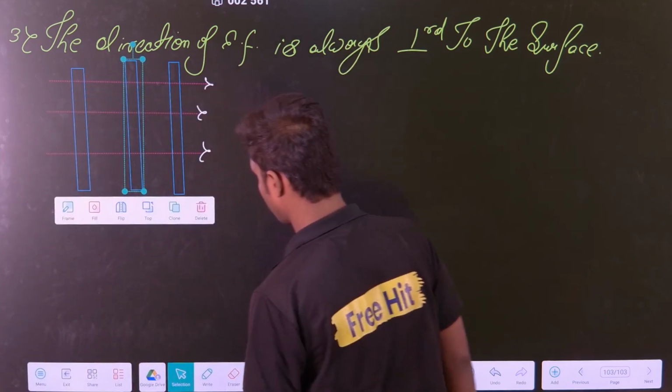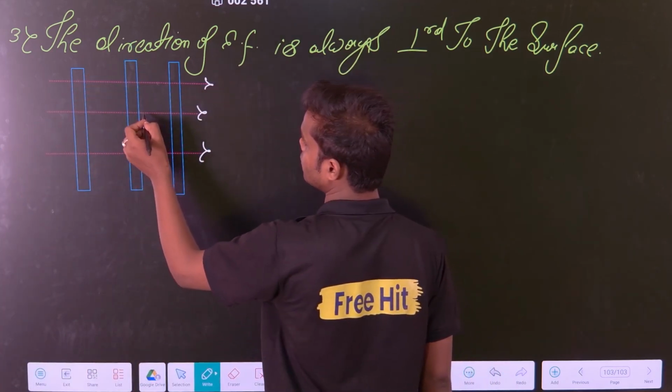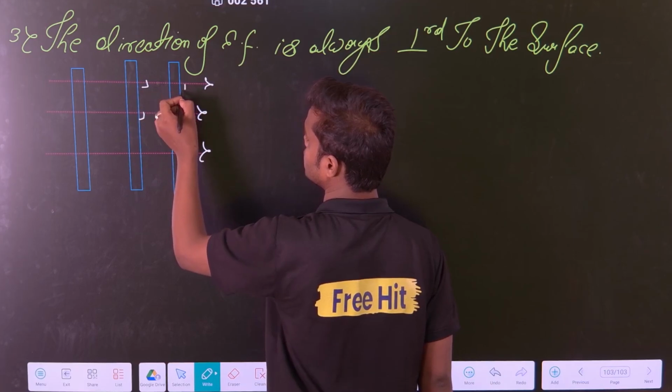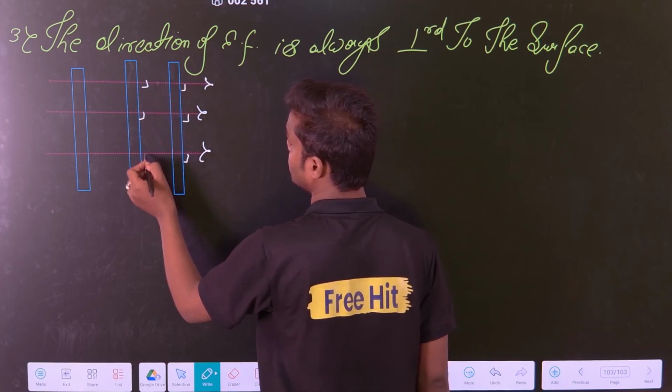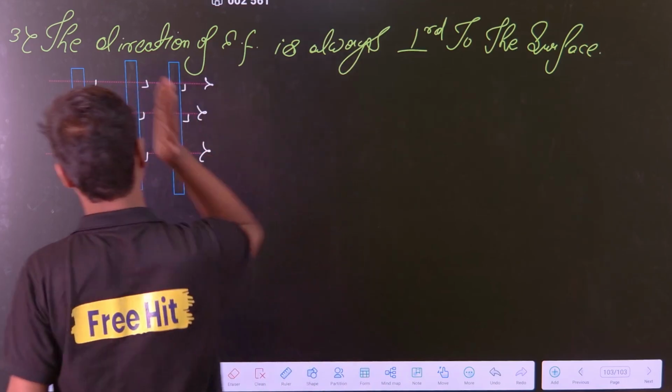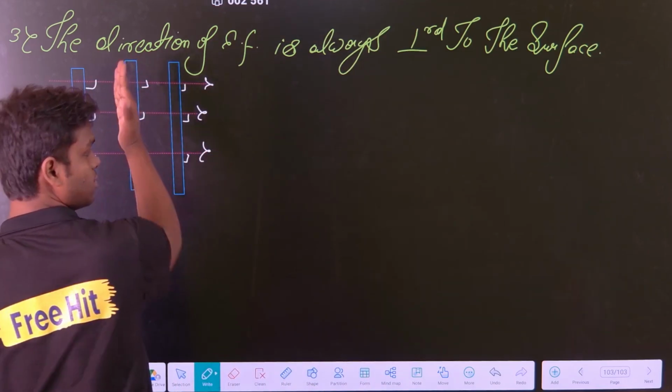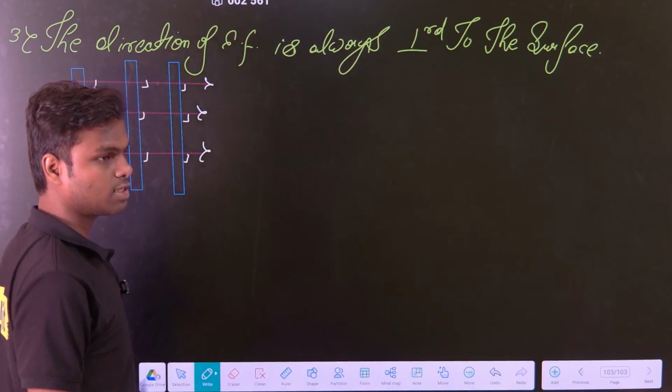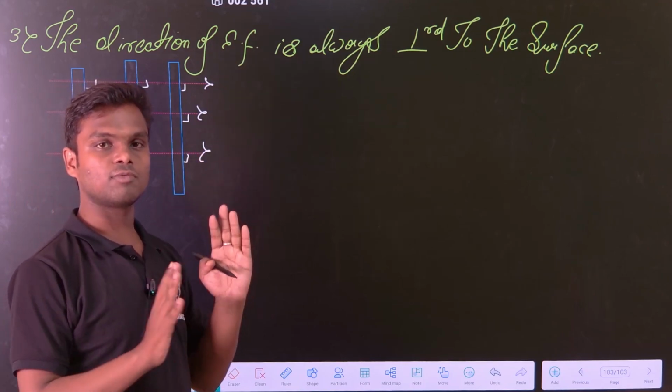So it is perpendicular to the surface. If you see properly, it will always be perpendicular to the surface. So the electric field lines and equipotential surface always make a 90-degree angle.